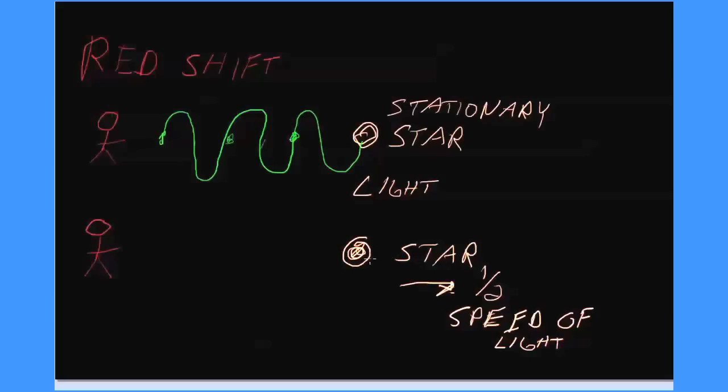As we talked about in the Doppler effect, let's say we're here, but now this star has moved out here. It moves at 1/2 the speed of light. Its light is still going to travel at the speed of light, but it's going to stretch out.